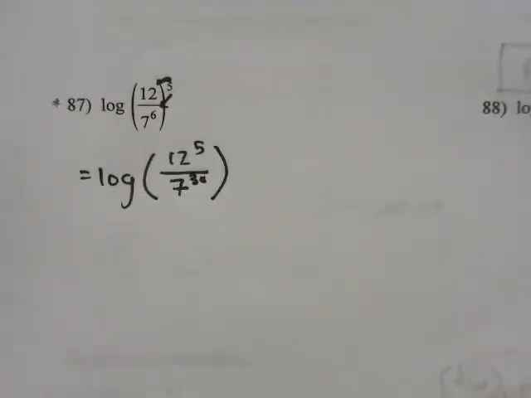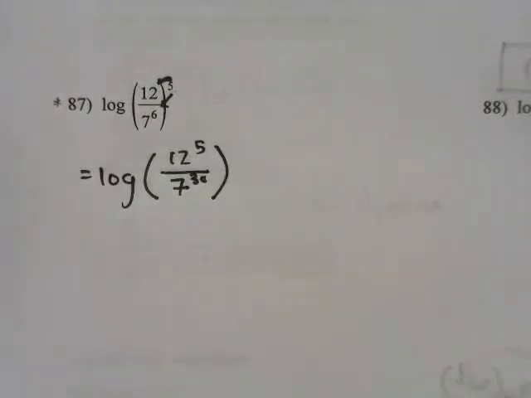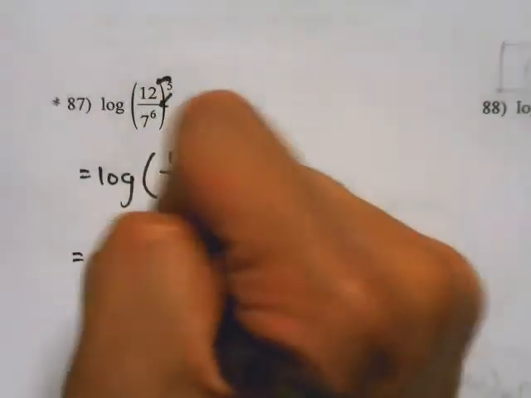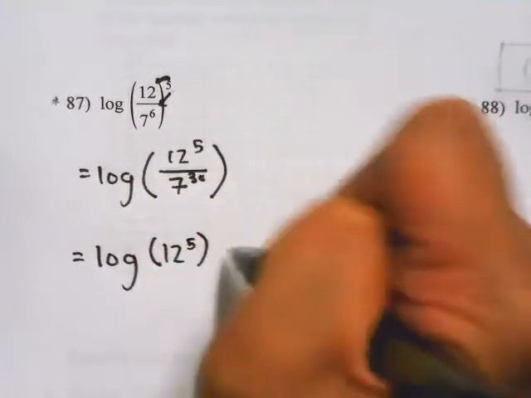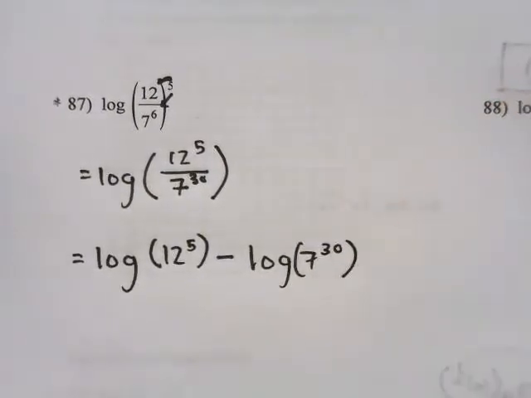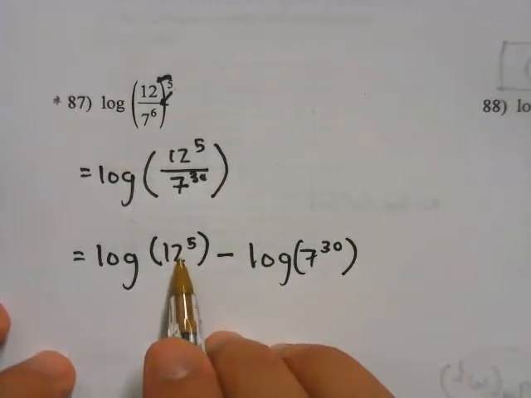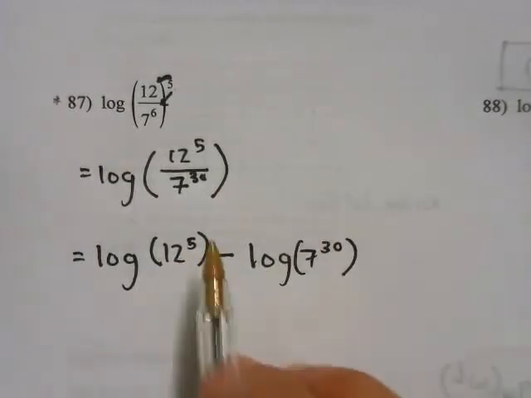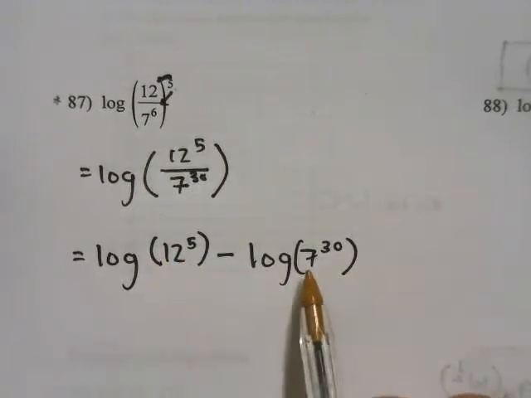Okay, anyway. After you are done with that, this is a division. To expand, when your argument has division, you're not going to do addition. You are going to do subtraction. So it's going to be log of 12 to the 5th power minus log of 7 to the 30th power. The purpose of this is to just expand, so you're not going to actually compute 12 to the 5th power, nor 7 to the 30th power.